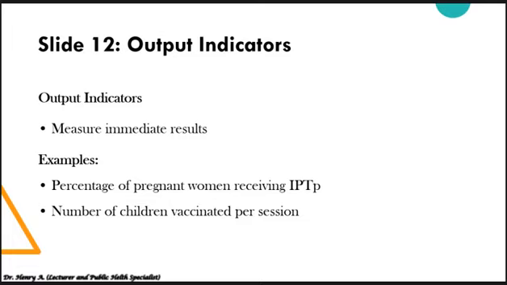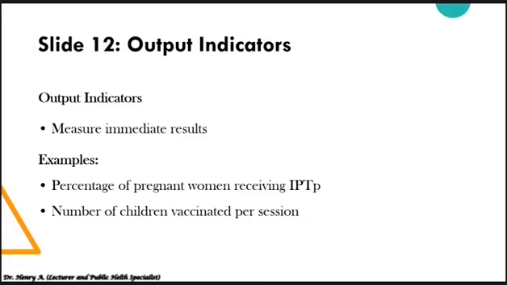Now we have the output indicators. This measures the immediate direct results of program activities. For example, the percentage of pregnant women who receive intermittent preventive therapy. Again, the number of children vaccinated during a session.